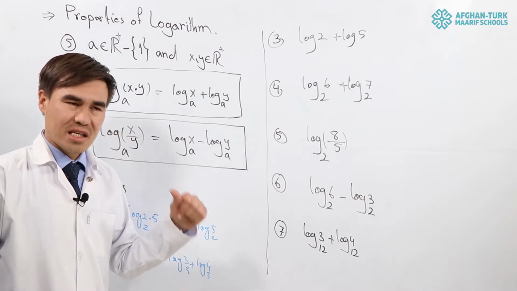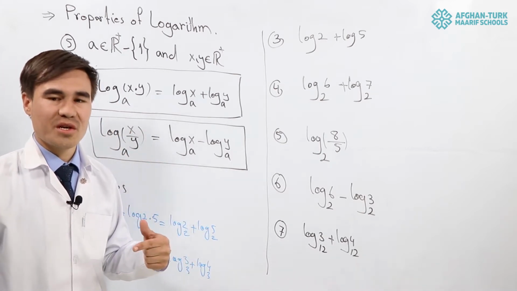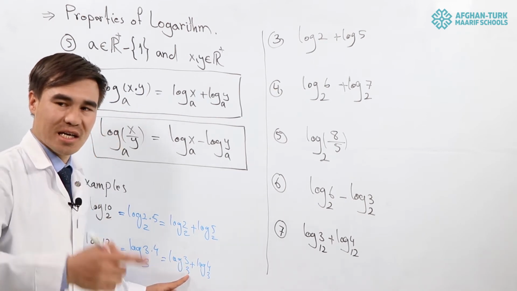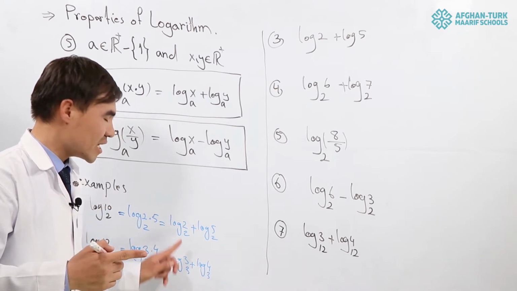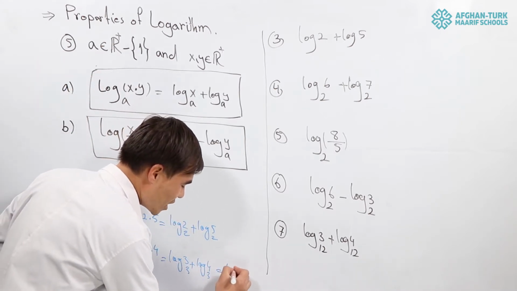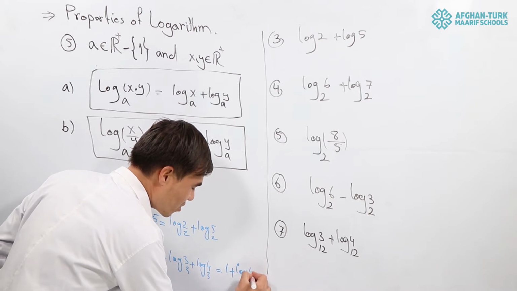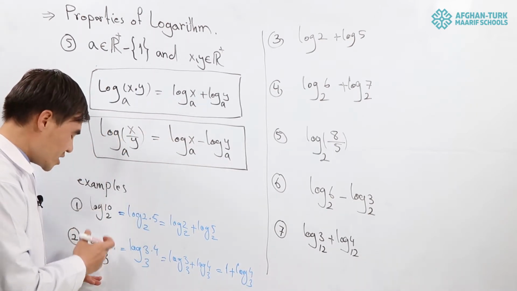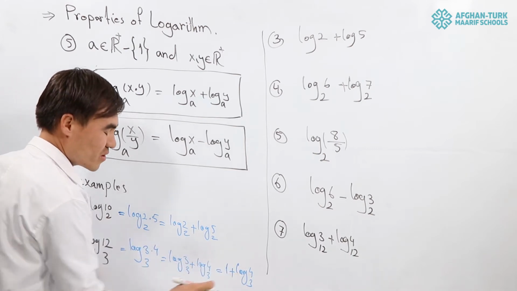As we studied in the third property, every number to the base of itself will be number 1. For this reason, it is 1 plus log of 4 to the base 3. We changed one logarithm into two.